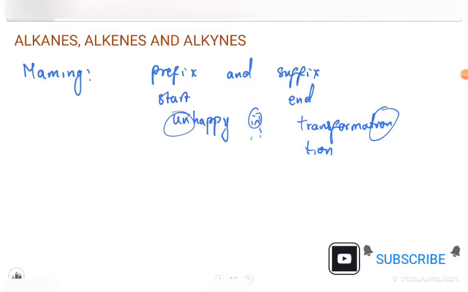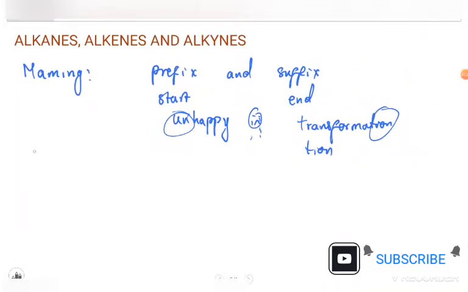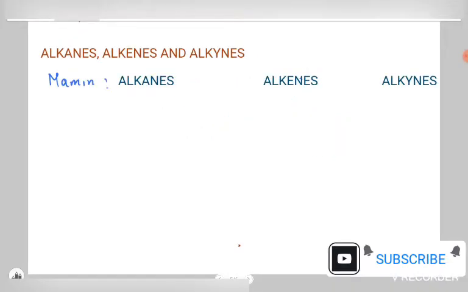Each and every compound that belongs to alkane, so I'm going to write the prefix here, of all of these compounds. Let's give the prefix and the suffix using the homologous series name.